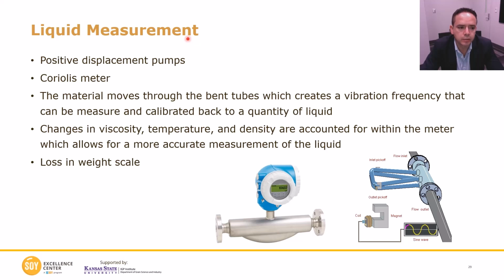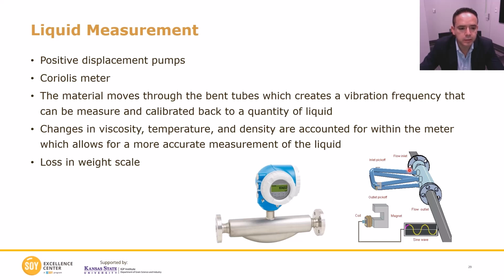Also, you can use Coriolis meters, and this is an example of a Coriolis meter. The material moves through the bent tubes, and this creates a vibration frequency that can be measured and calibrated back to a quantity of liquids.